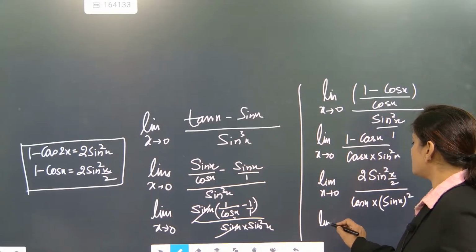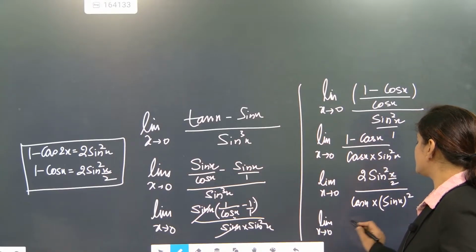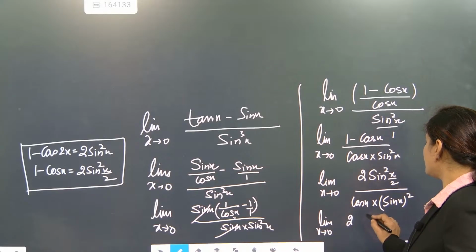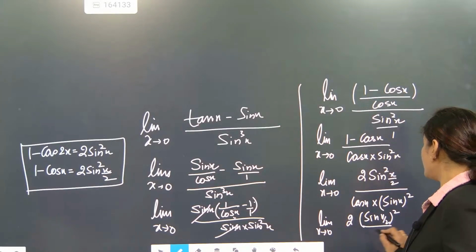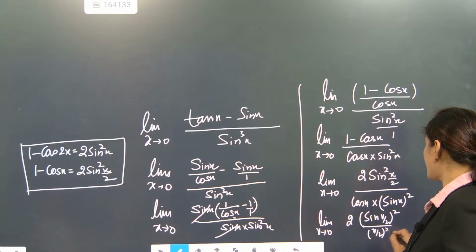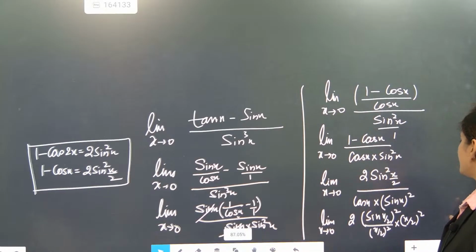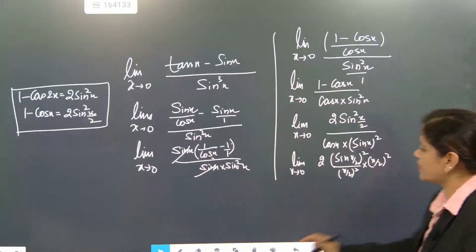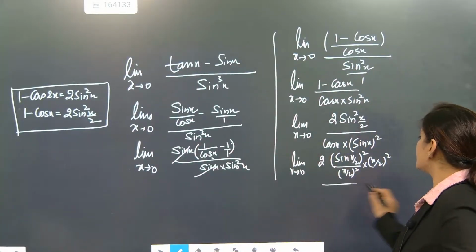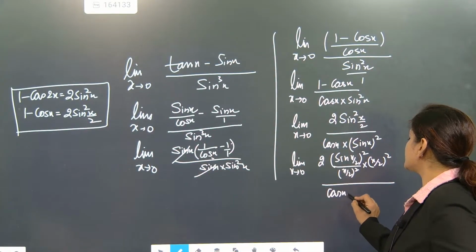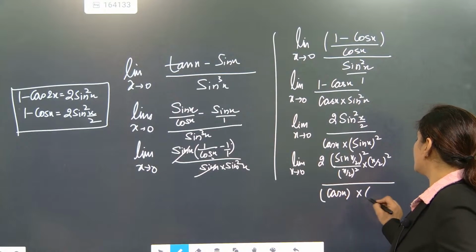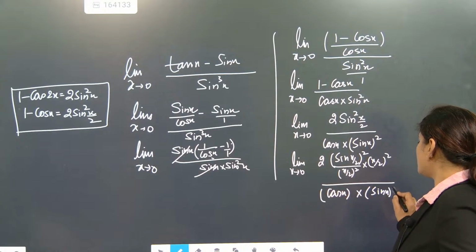Understood? So now limit x tends to 0, this part will come as sin x by 2 whole square. Now we need x by 2 whole square up and also x by 2 whole square. So this is exactly the part we have written, x by 2 whole square. And the denominator section will come as cos x, and here it is coming as sin x whole square.